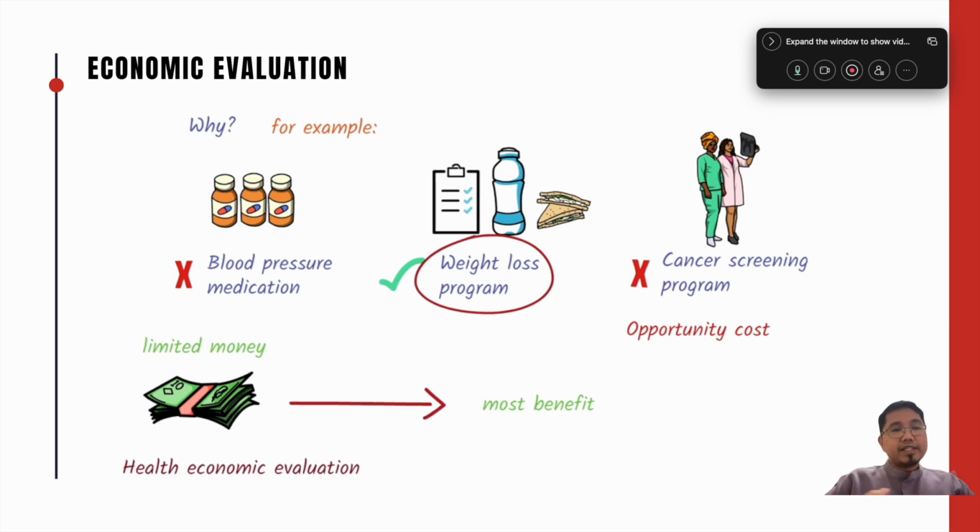Like in this example, the blood pressure medication, weight loss program, and cancer screening program, all these are interventions in our setting. But how do we want to prioritize our interventions? So we do this health economic evaluation, and by that we can choose the best option, the one that gives our healthcare the most benefit.